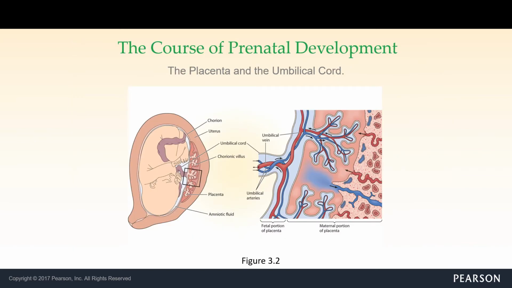So here is another depiction of the placenta and the umbilical cord. And you can see here, it's not quite in the upper part of the uterus, but it's not in the lower, more dangerous portion. But you can kind of see how the placenta is organized with the blood vessels and arteries.